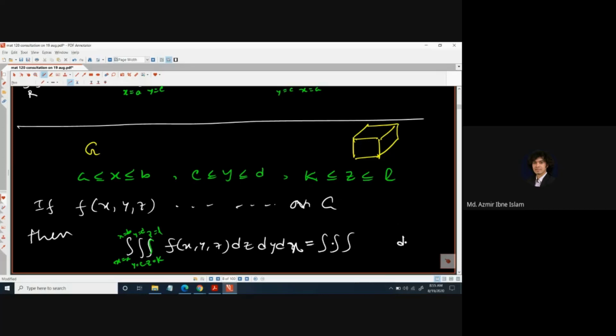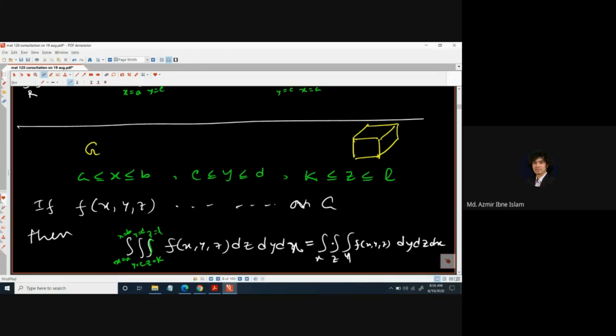That means we can use dx then dz then dy, or whatever we want, let's say dy then dz then dx. Do you understand my point? Here the function is the same, f of x comma y comma z. If I write dy at first, then this limit will be for y, then for z it will be z, and finally for x, the limit will be for x.